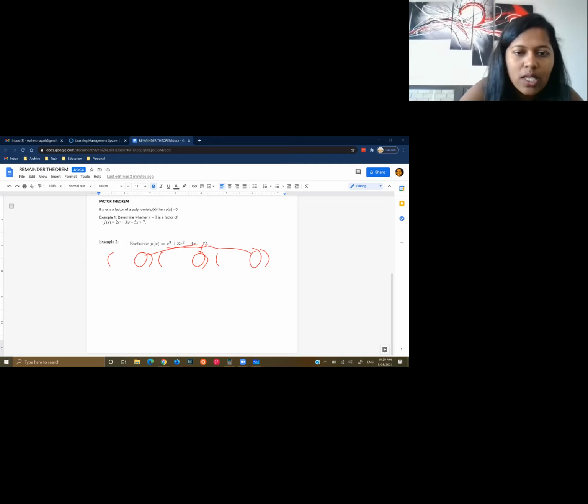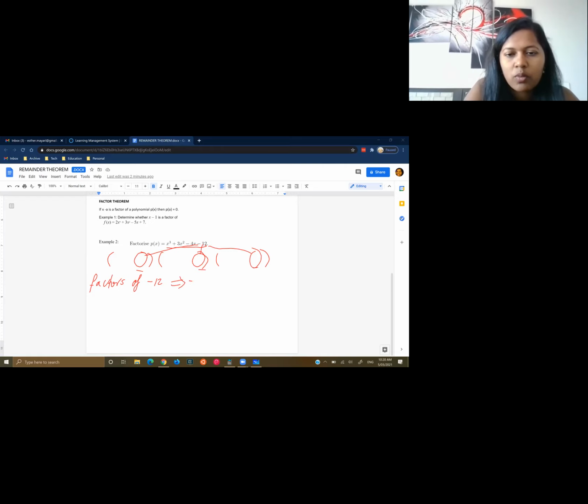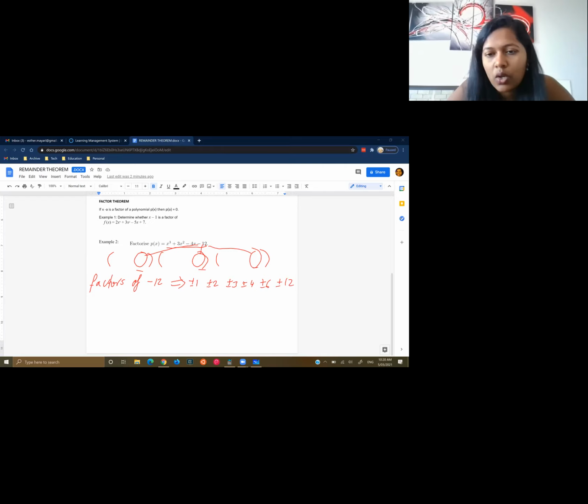I know that these are factors of 12, so I'm going to first list all the factors of negative 12. You could have plus or minus 1, plus or minus 2, plus or minus 3, plus or minus 4, plus or minus 6, plus or minus 12. So basically I have 12 possibilities, because we're talking about positive and negative.